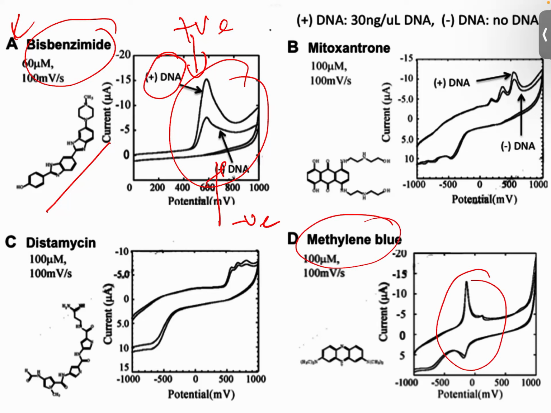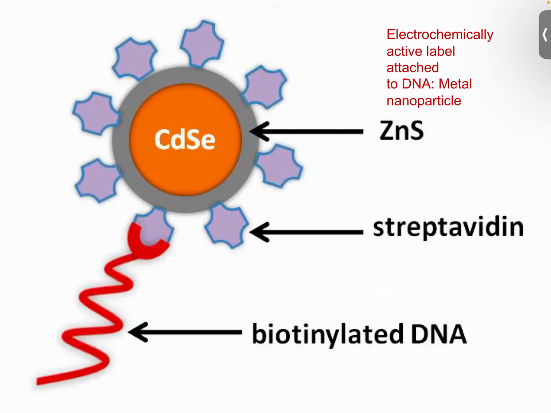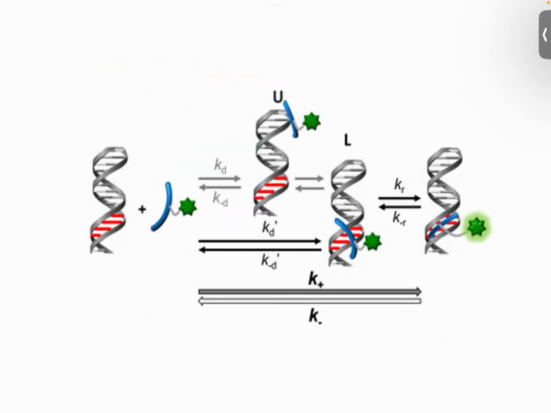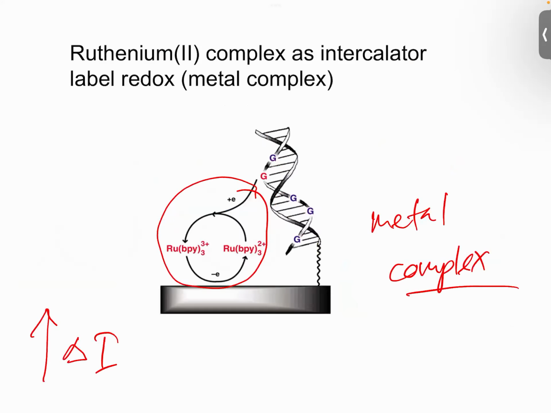So that's why, when I talk about the structure, the binders or the intercalators, that we want to choose to indicate the hybridization.